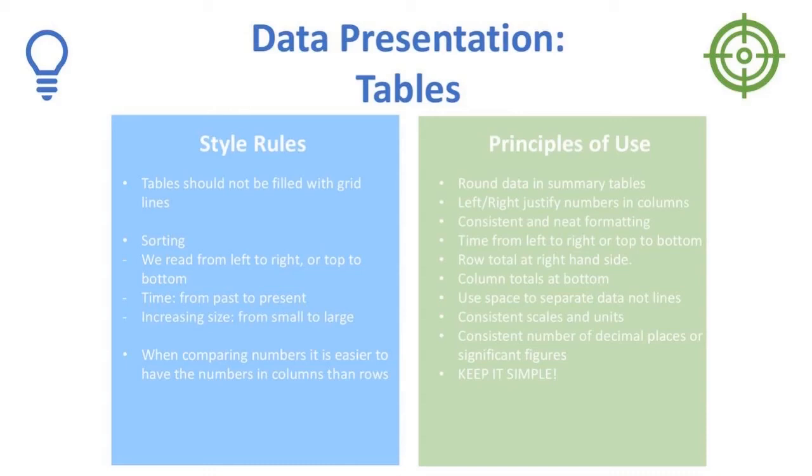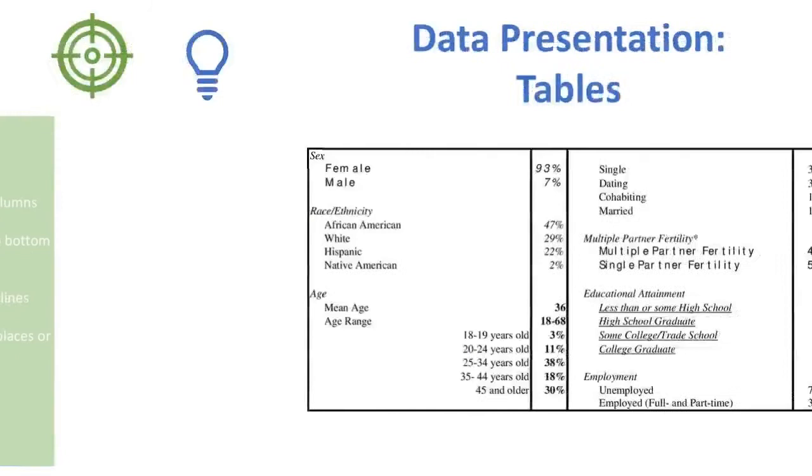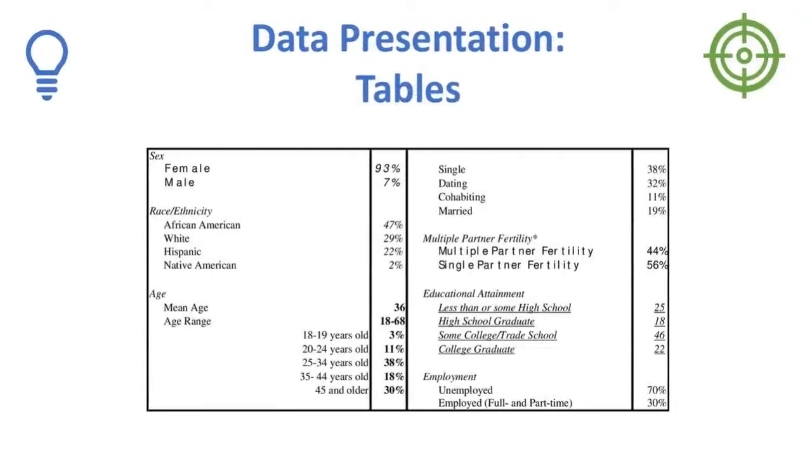And above all, as is often the message in academic writing and data presentation, keep it simple. Use a consistent scale, use a space to separate your data, and use a consistent number of decimal places or significant figures. Very important techniques to have a look at when putting together a data table.